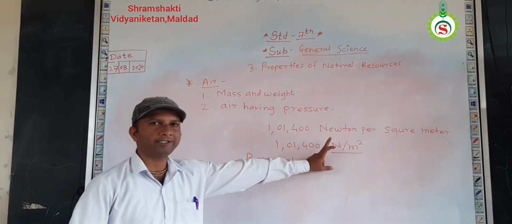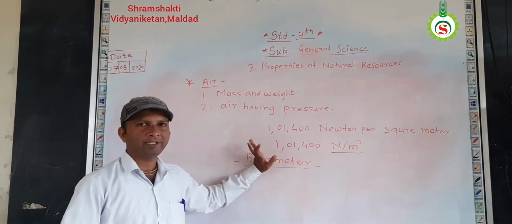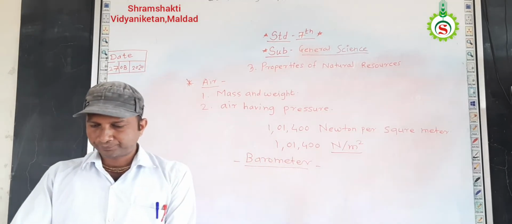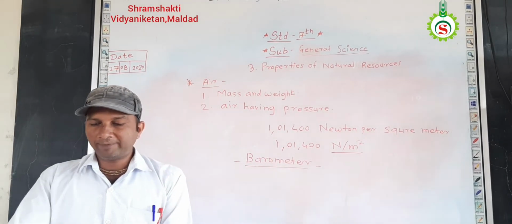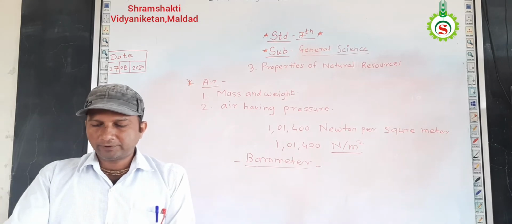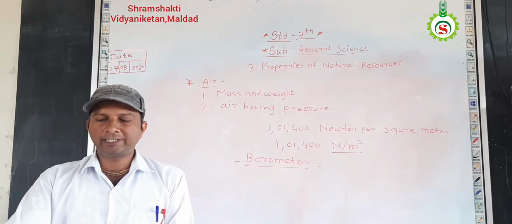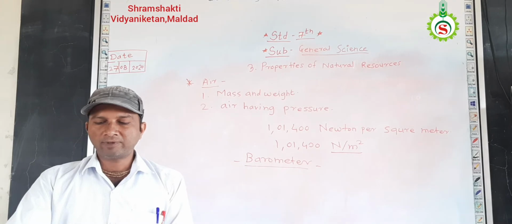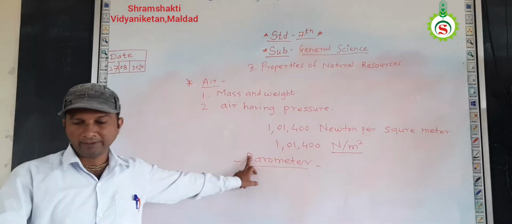Newton per meter square is the unit of measurement of atmospheric pressure, and this atmospheric pressure is measured by an instrument called a barometer. So the barometer is the instrument for measuring atmospheric pressure. When we measure the atmospheric pressure near sea level with the barometer, it is 1,01,400 Newton per meter square.